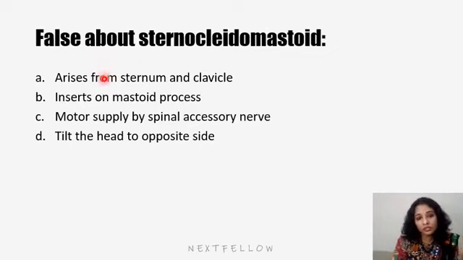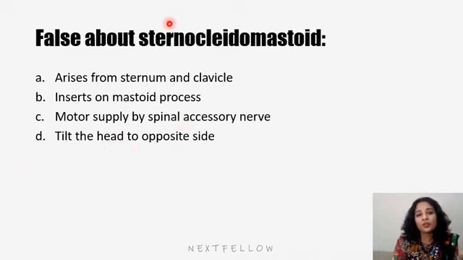Then, what is false about the sternocleidomastoid? It arises from the sternum and clavicle, that we know, and inserts into the mastoid process. Of course, it is true. And motor supply is by the spinal accessory nerve. This is also true. So the answer could be tilting the head towards the opposite side.